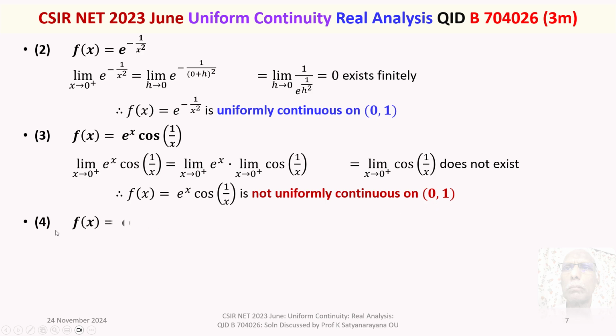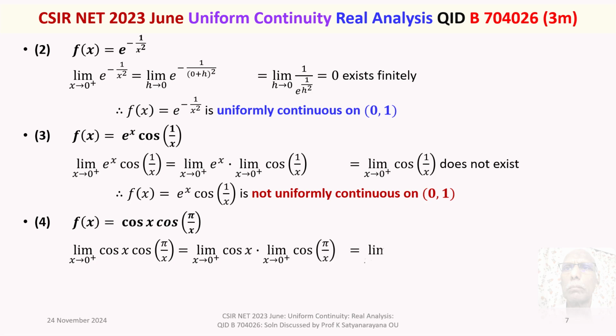Lastly, option 4, f(x) = cos x cos(pi/x). The limit as x tends to 0 plus of the product cos x multiplied by cos(pi/x). The limit of the product is equal to the product of their limits.